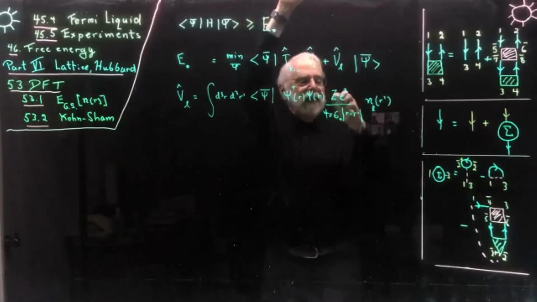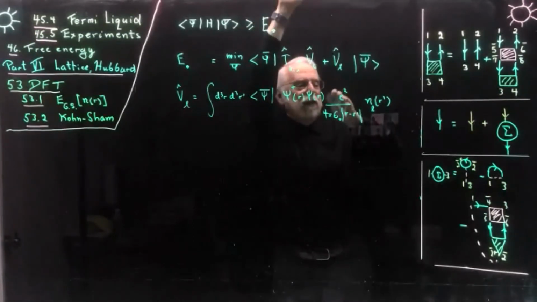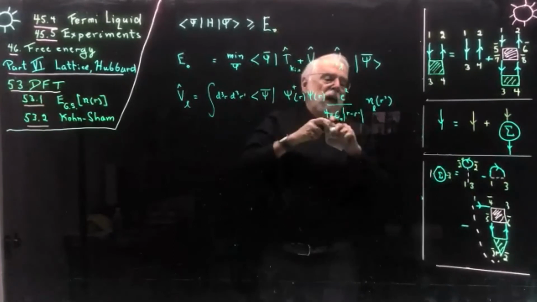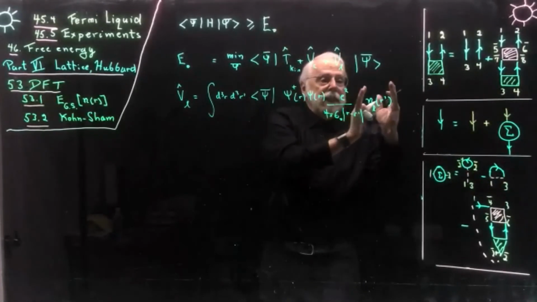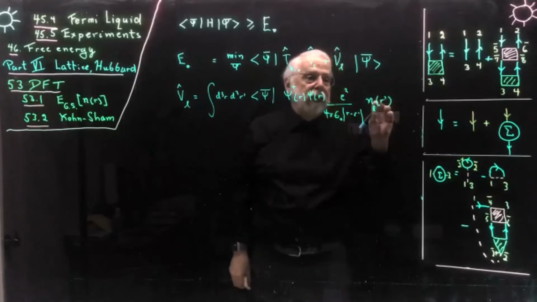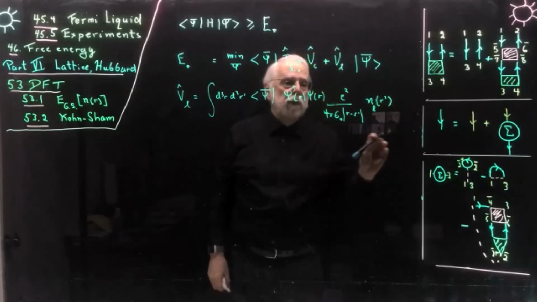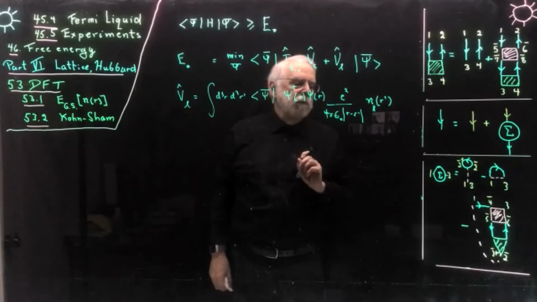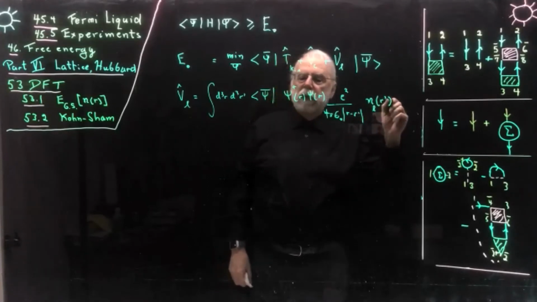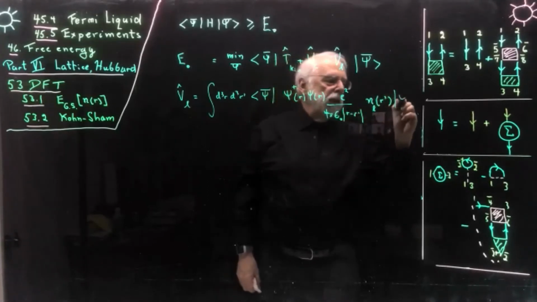It's just the charge of the protons or the nuclei that are there, so I can put this charge into this density here. This is the delta function at various places in the lattice.